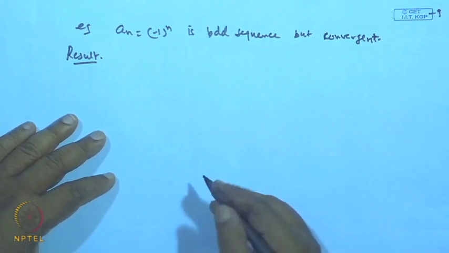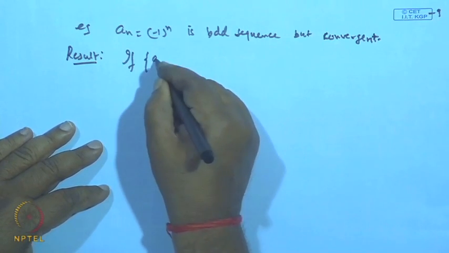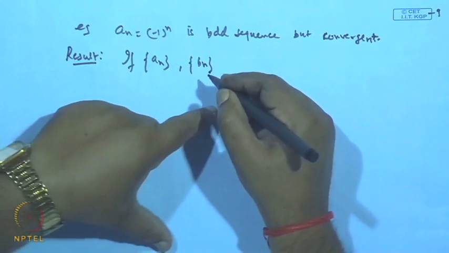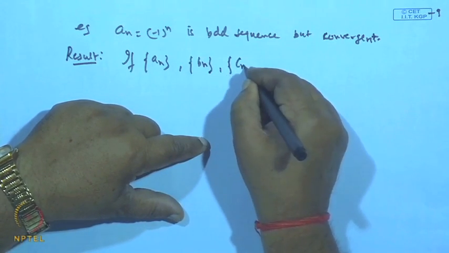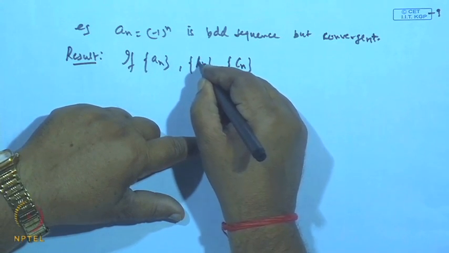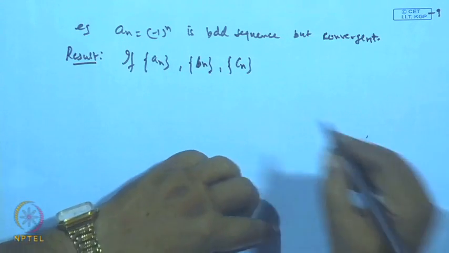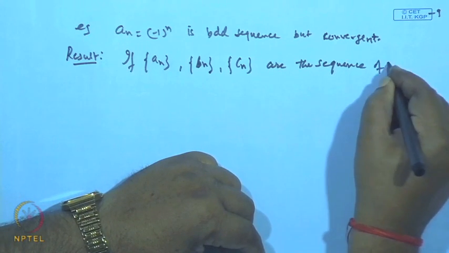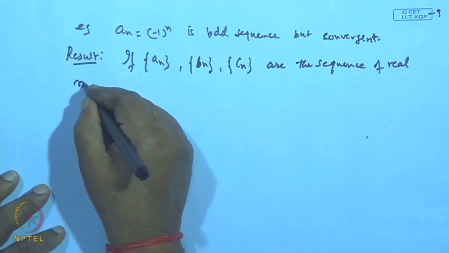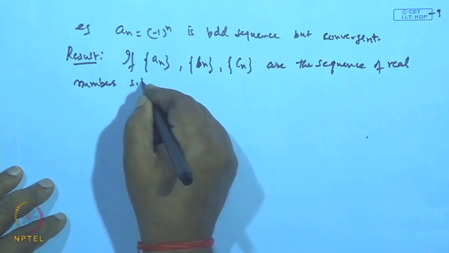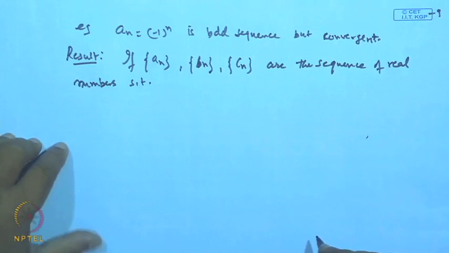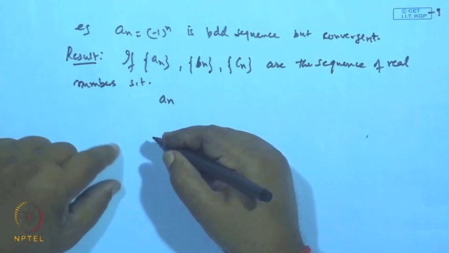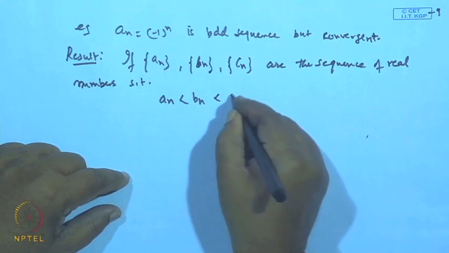What the result says is, let a n, b n and c n be sequences of real numbers such that a n is less than or equal to b n, which is less than or equal to c n.